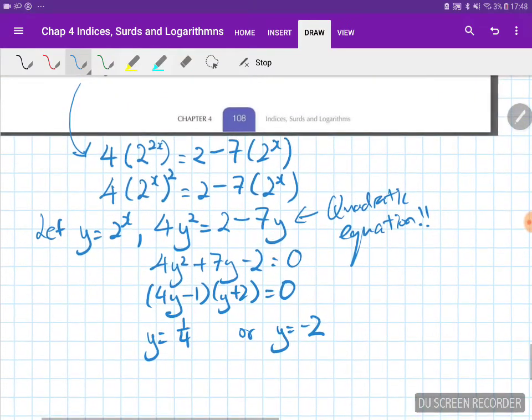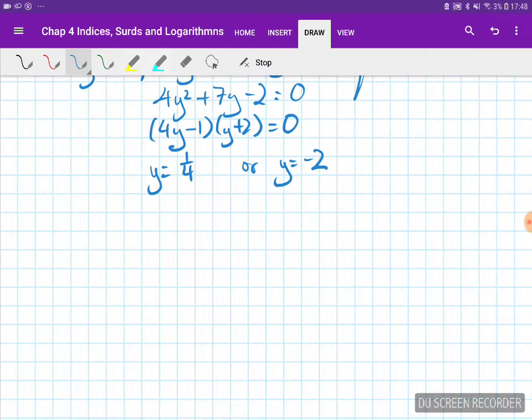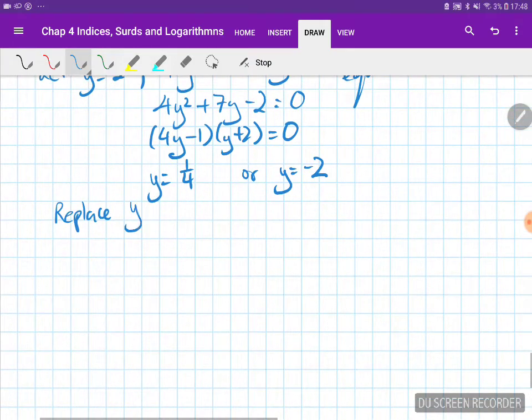However, you are not solving this equation for y, right? You are solving for x. So now replace y with 2 to the power of x.